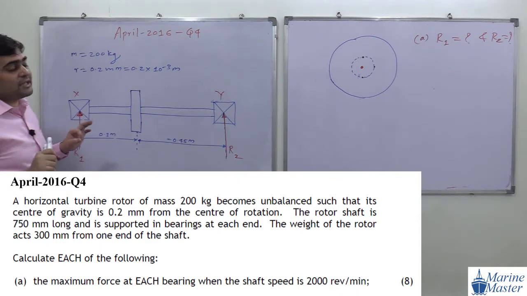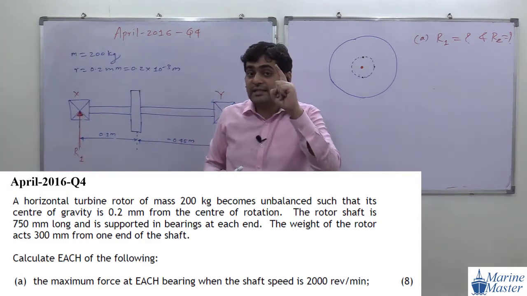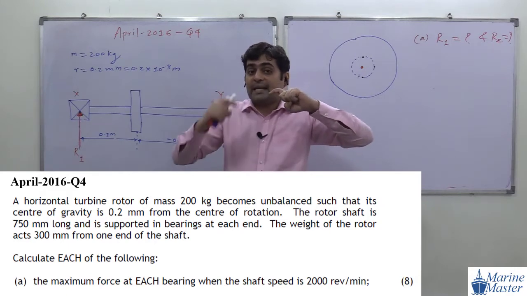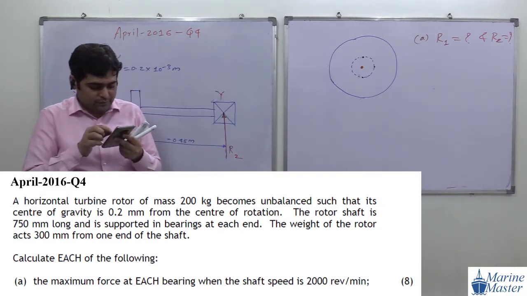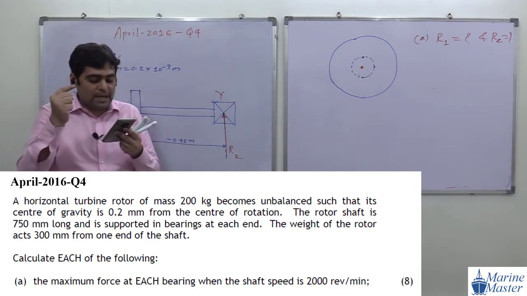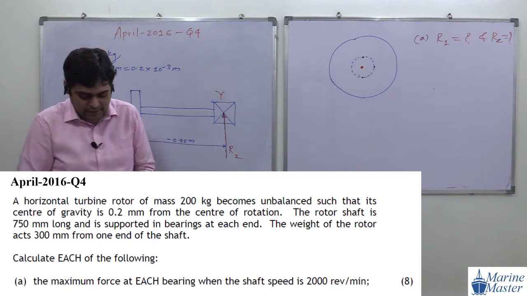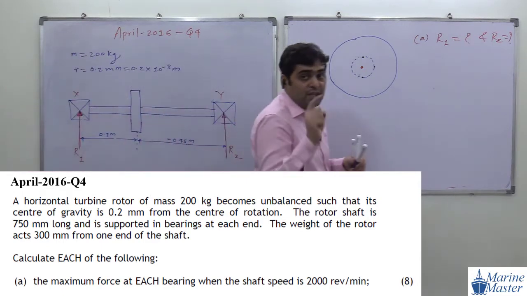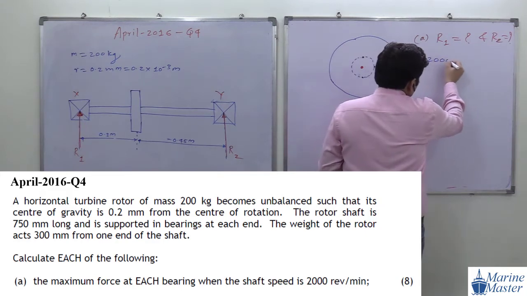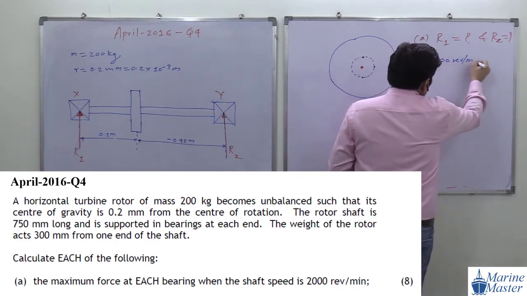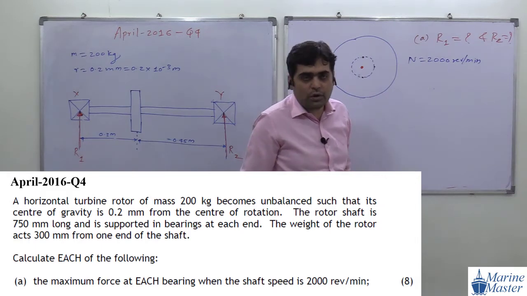Now, what is our target? We have to find the maximum forces. I will read the exact wording of the question: maximum force at each bearing when the shaft speed is 2000 revolutions per minute.